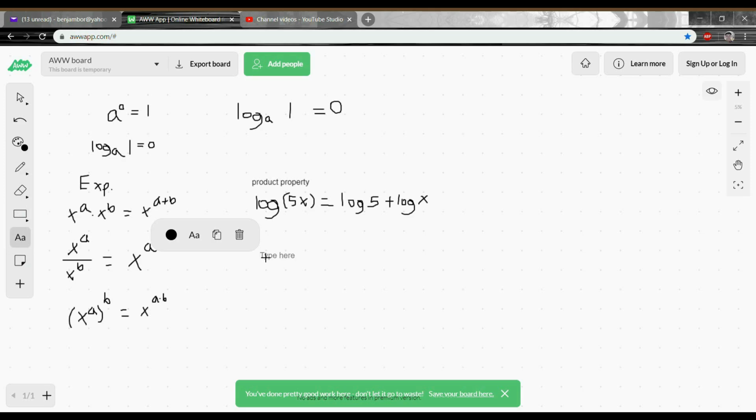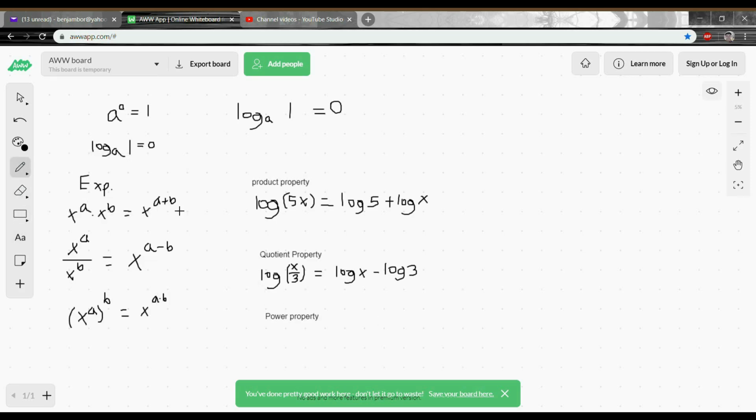We also have something called the quotient property, related to this property right here, and that is going to be when we have a logarithm of a quotient, a numerator and a denominator, we can convert it to the logarithm of the numerator minus the logarithm of the denominator. And we're going to introduce one more, and we're going to call it the power property.